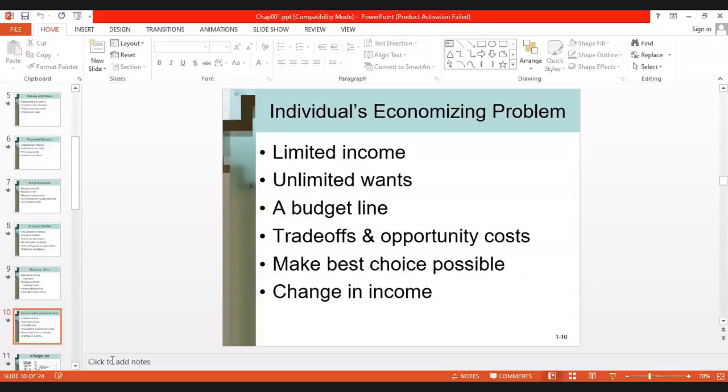Among these, we have to make a choice. Which combination of these two commodities gives higher satisfaction? The best choice is the one combination that gives higher satisfaction, higher utility.